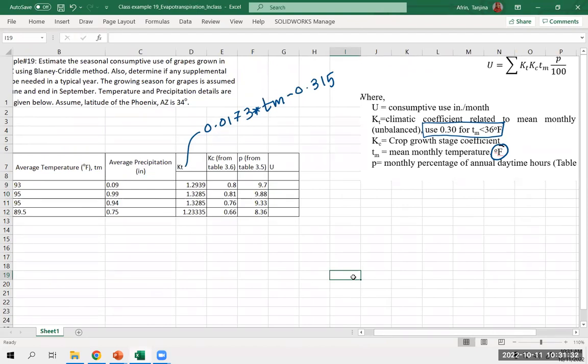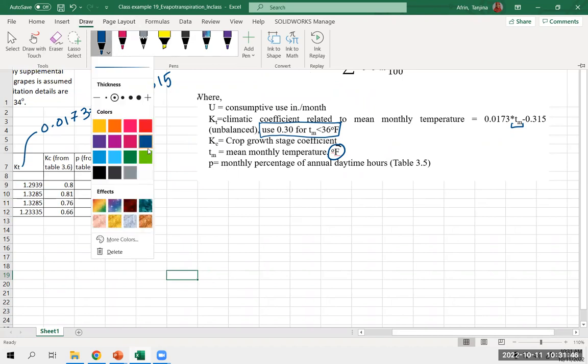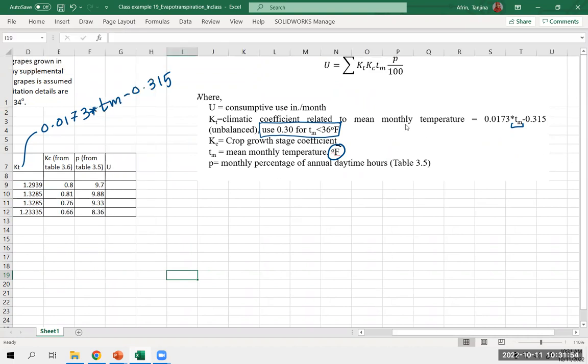Now, what is the next step? We know here the KD, we know KC, we know the P. All of you, are you noticing that summation sign here? Everyone? Here, summation means we need to calculate that for each month, and then we will do the summation, okay?